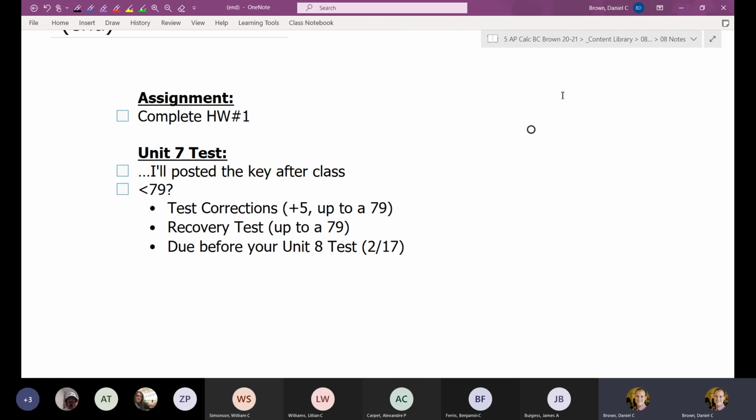Did want to briefly talk about test corrections, but I'll do that towards the end of class. Work on homework 1 while I play around with my computer. If you're at home, please don't leave the meeting. You might see me leave the meeting as I restart my computer, but hopefully I can be back in business once I do all that. So work on homework 1 for a little bit till I decide to start class again.